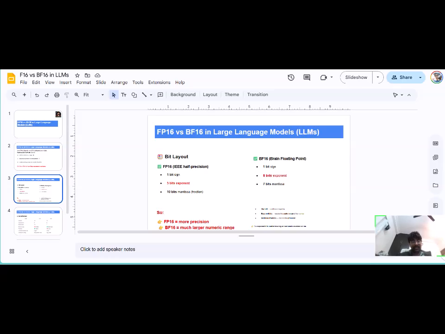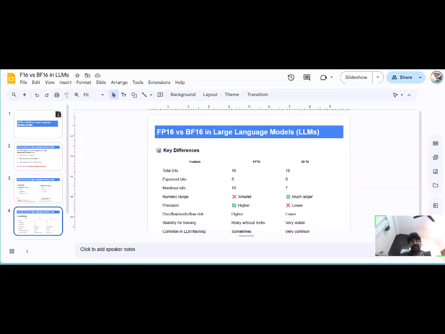So that is the difference. The fraction gives more precision, but the exponent bits give you stable training. Here you compromise on precision, but your training will be stable, and you can save your training pipeline from overflow and underflow of the numbers.